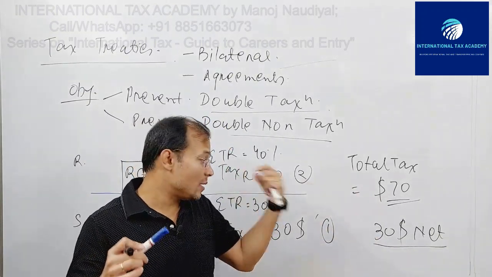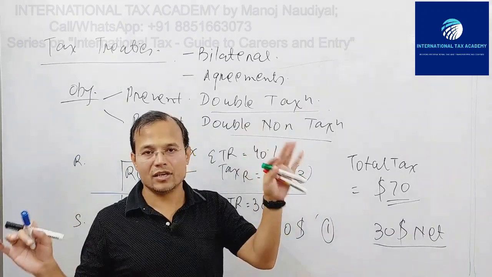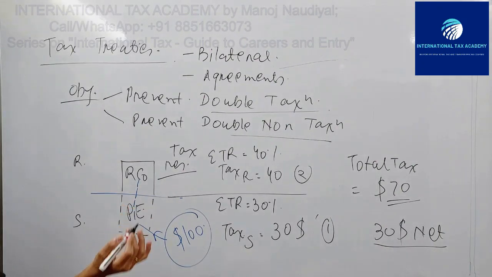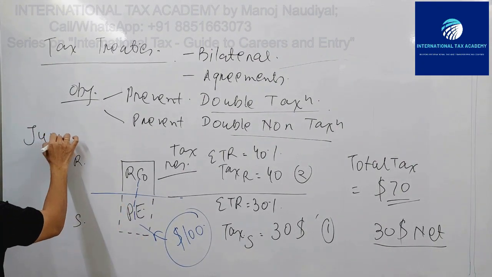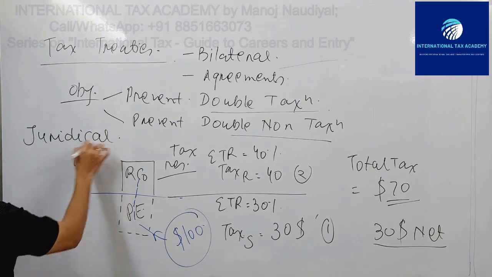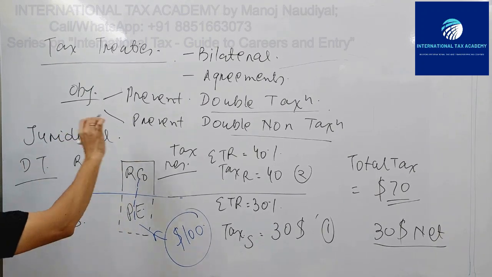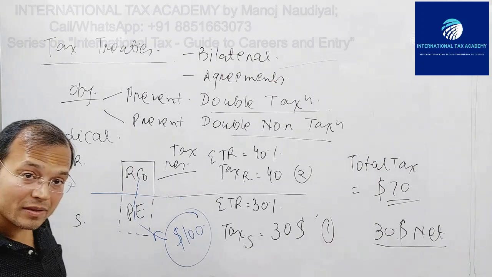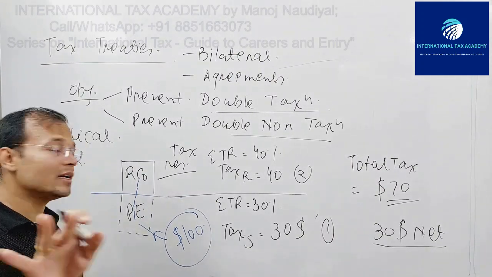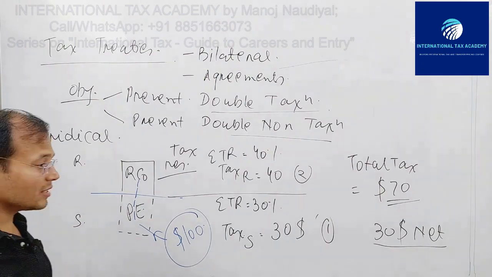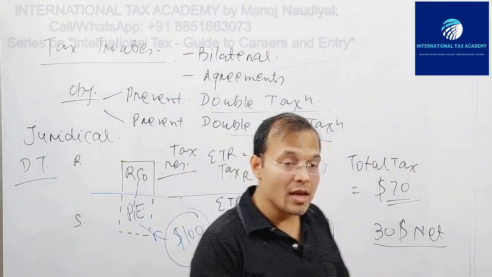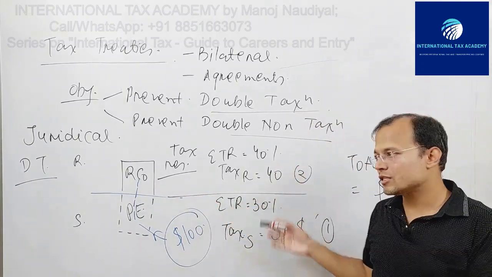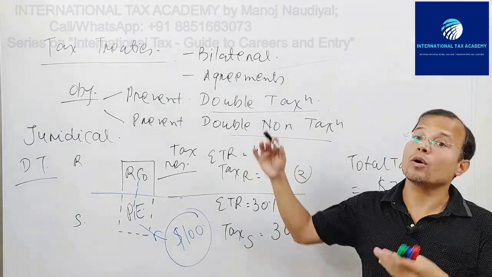This is known as double taxation, and in international tax terminology, this is a classic case known as juridical double taxation, or international juridical double taxation, or simply double taxation. This happens when there is no tax treaty between R and S. So naturally this is not a very desirable or favorable scenario for businesses. Businesses have been complaining about this sort of situation for the last 100 years or even more.